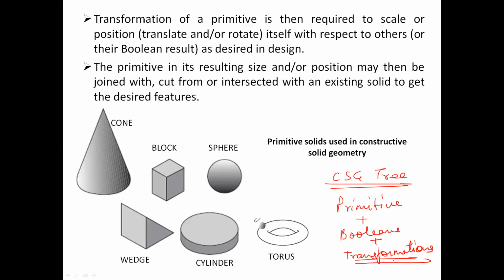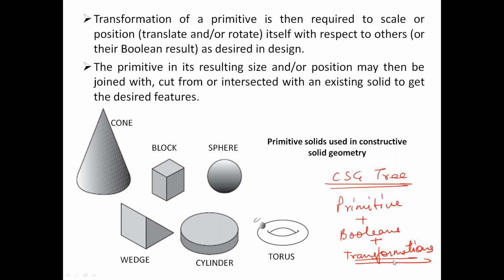Some of them you might be knowing, that is shearing, scaling, moving the object from one place to another, that is called translation. Then rotation is there. Then you have some other transformations like resizing the object. Mirroring is also one of the most common examples of transformations. So all these commands are also used in order to create the CSG tree.